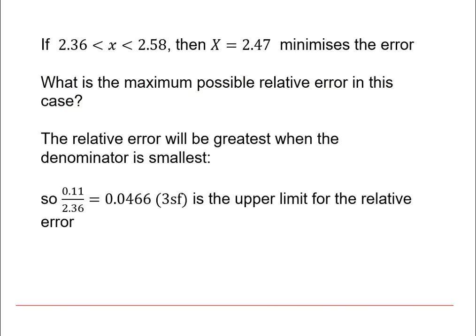So dividing the absolute error, which is big X minus little x, by what we're assuming in the worst case scenario little x to be, that gives us the highest possible value for the relative error.